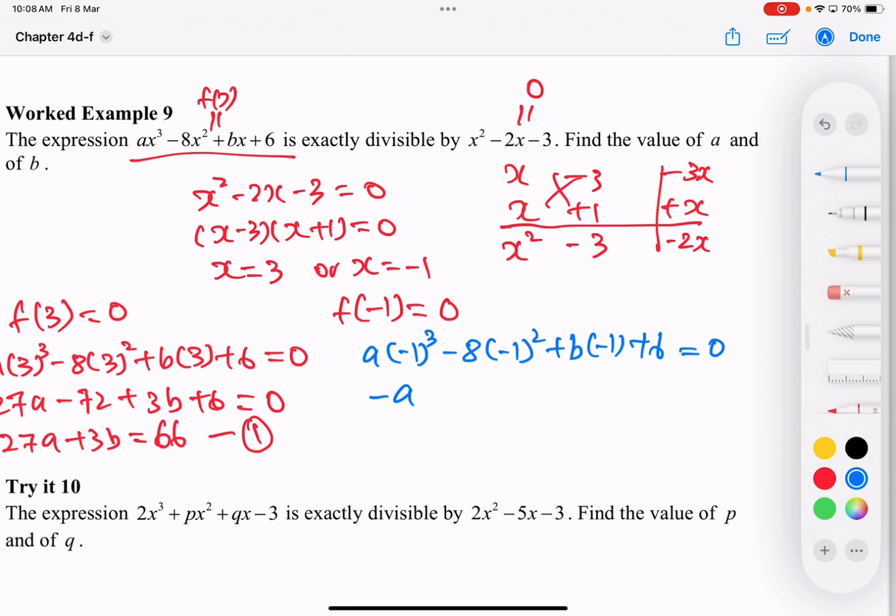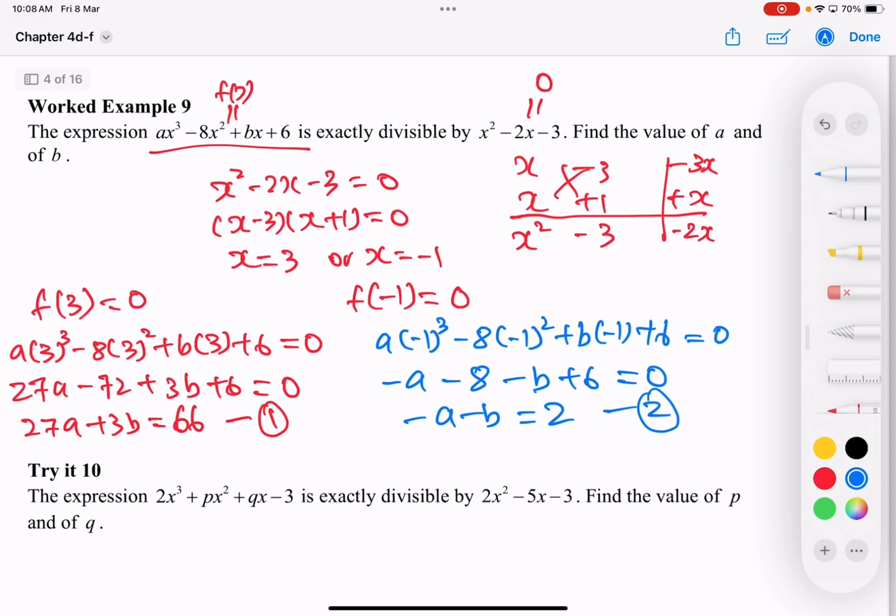Negative 8 times negative 1 squared: anything squared is positive, so what remains is just negative 8. Then negative b plus 6 equals 0. I keep the a's and b's on one side. Negative 8 plus 6 gives me negative 2. I bring it over to the other side and get positive 2. This is my equation 2.